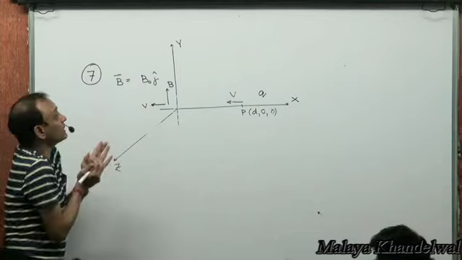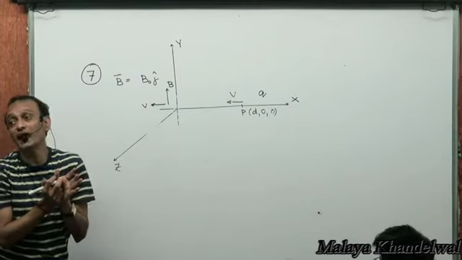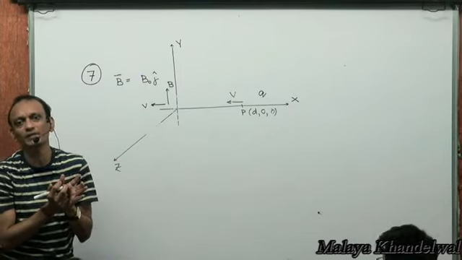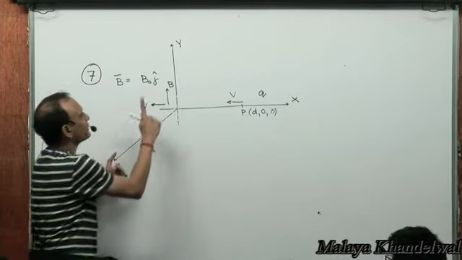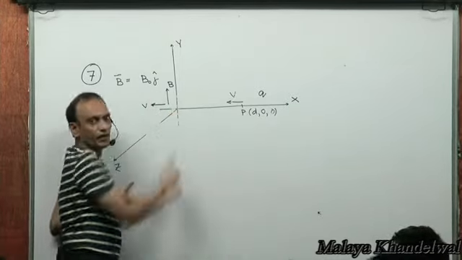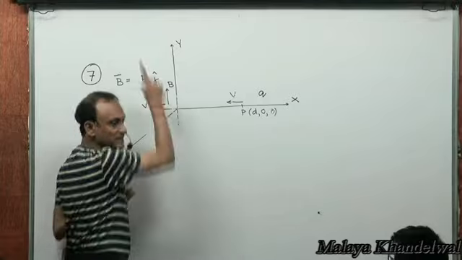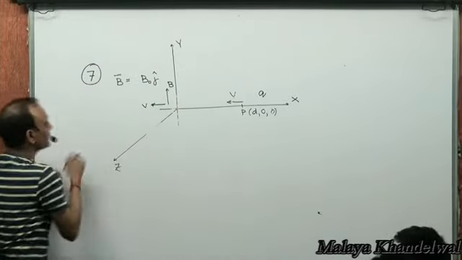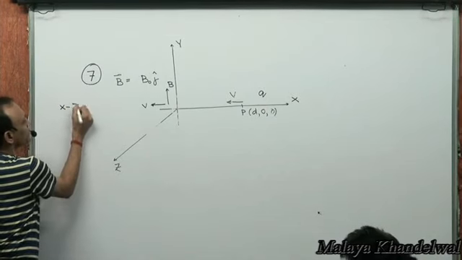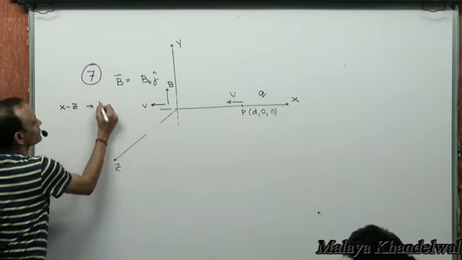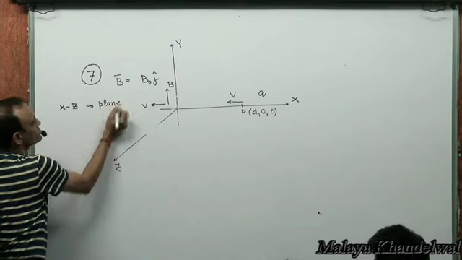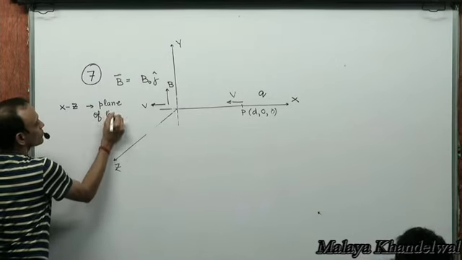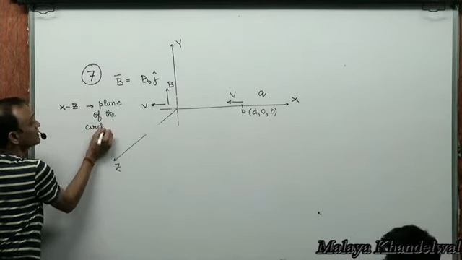The plane of the circle will be hit by the B lines normally. That means if the B lines are in the Y direction, then the XZ plane would be the plane of the circle, yes or no? Why circle?